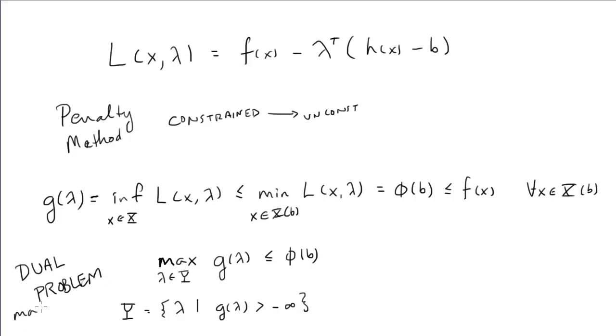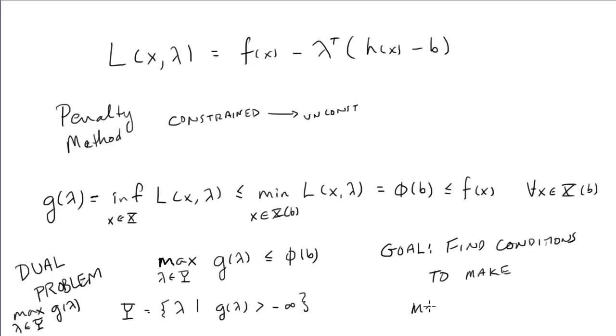Maximizing g of lambda over this basic set of lambdas. Our goal is to find conditions to make that inequality an equality, so that the optimal dual will be the optimal primal.